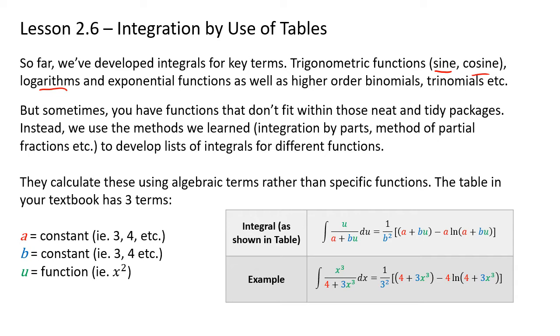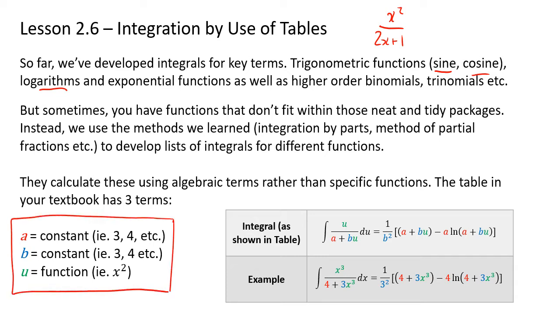What these tables show is integrals of a specific function that follows a certain format. So the table isn't going to show you x squared over 2x plus 1. Okay? What it does is it lists it in a general form. And it uses up to 3 variables. 2 values that are constants, a and b, are what they're labeled as.